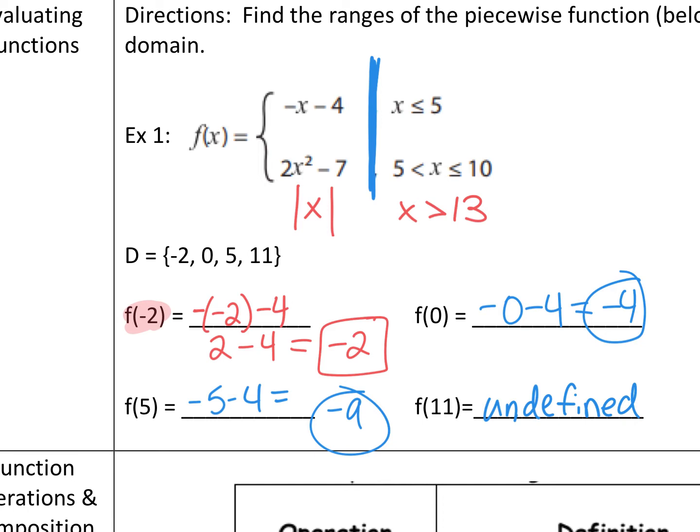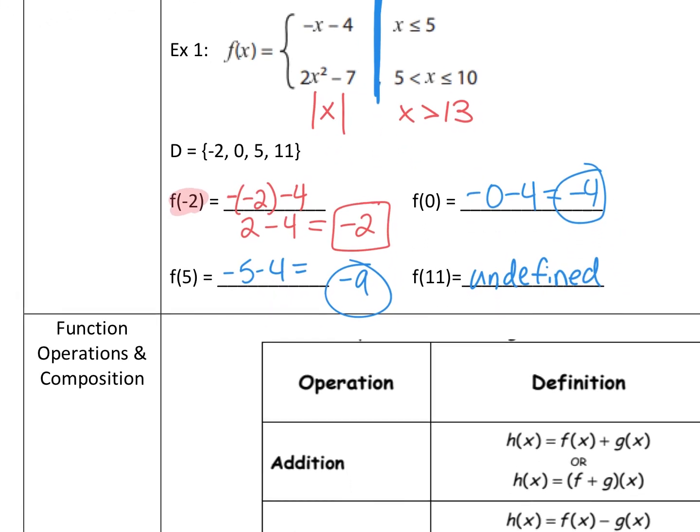Would that fit in that piece? 20 is bigger than 13, right? What is the absolute value of 20? 20. Good. Absolute values always make it positive. So even if I asked you for the absolute value of negative 20, it would still be 20. Are we good on that? Cool. All right, we're going to keep going.